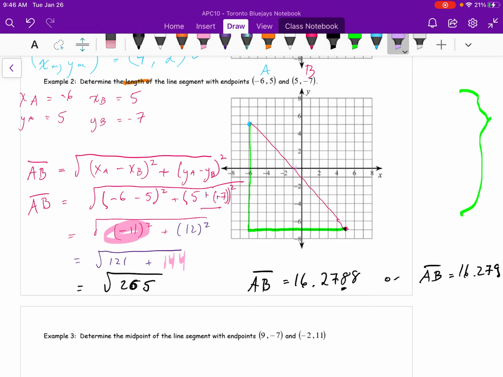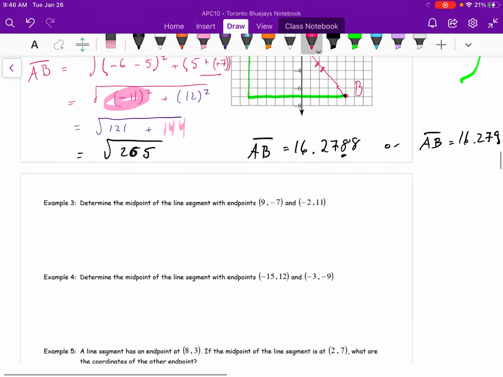So the midpoint, I think, is going to be right around here if I'm not mistaken. Sometimes it's not good to eyeball the midpoint. Now, if this is A and this is B, the midpoint C will be such that the distance from A to C is the same as the distance from B to C. All right, moving on.